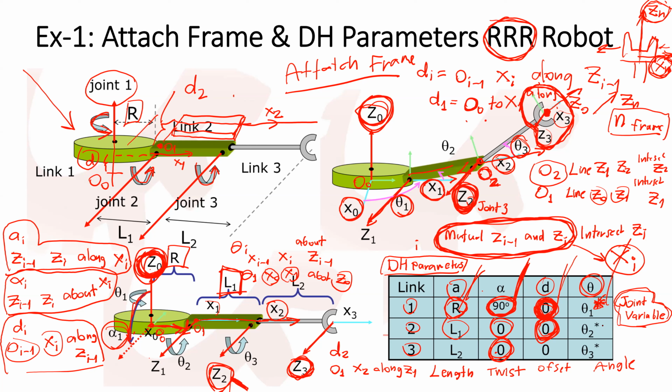How about the joint angle? The joint angle theta 2 is the angle between x1 and x2. Theta 2 is the angle between x1 and x2 about C1.